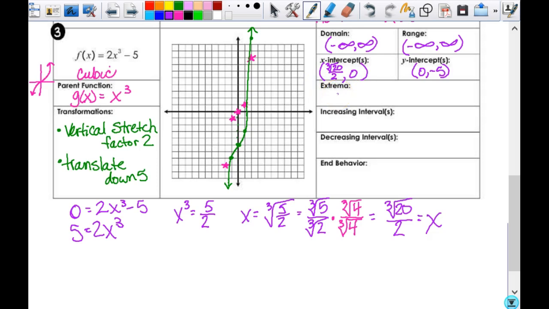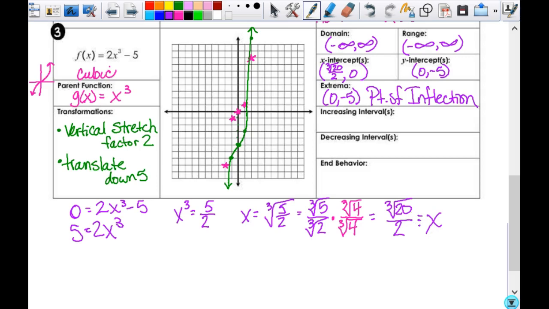Do I have any extrema or critical points? Point of inflection. Are points of inflection funny? Welcome to Algebra 2. All right. Increasing intervals.